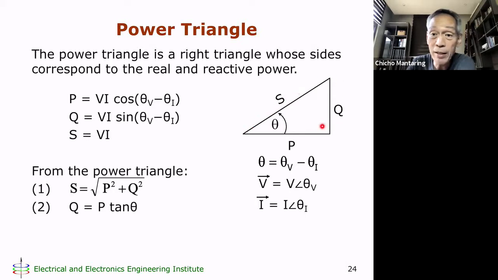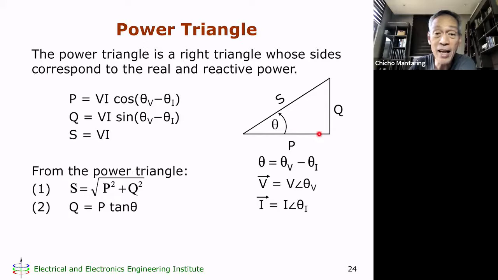Okay, if you know this triangle, then you know that S is equal to the square root of P squared plus Q squared, and tangent theta is equal to Q over P. And if you know S, then how do you compute for P?